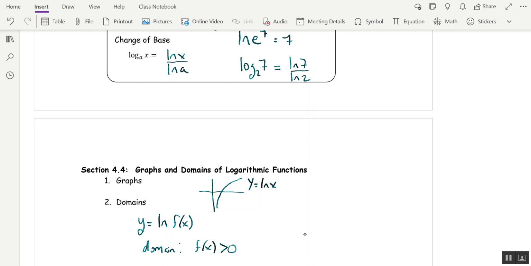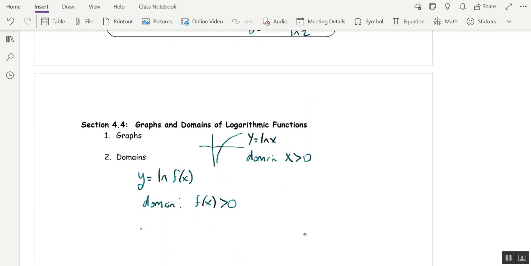Because look at the graph here of ln x. The domain is x greater than 0. You cannot take the logarithm of 0, and you can't take the log of a negative number. So if I put an f of x there, I need f of x to be positive.